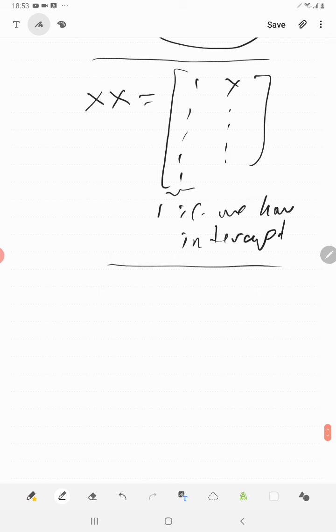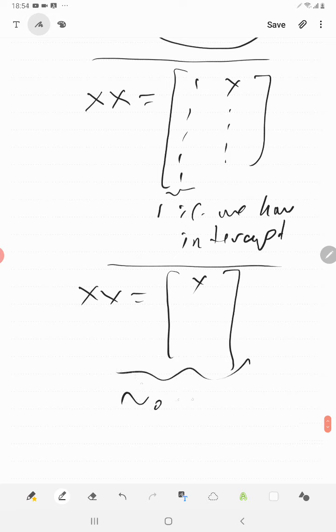Otherwise, XX equals X if we don't have any intercept, with no intercept.